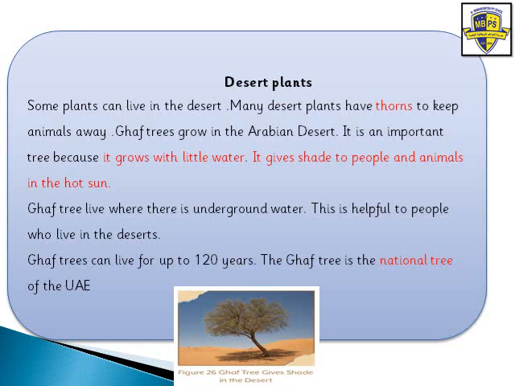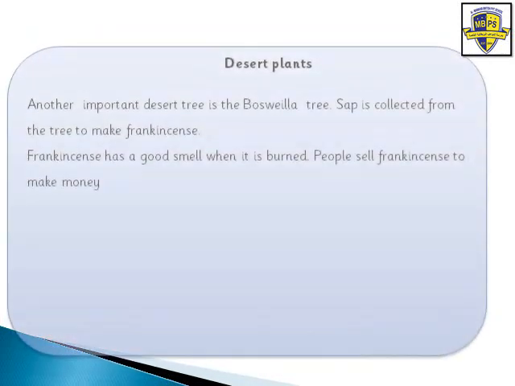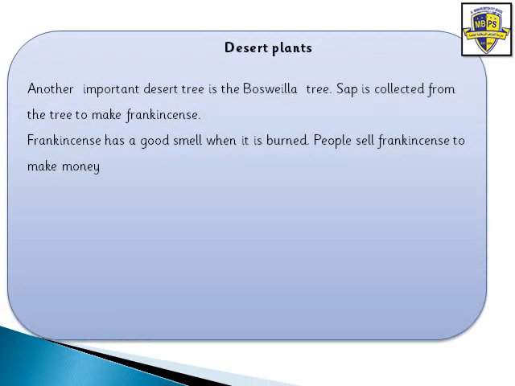And this will help people to live in the desert so they will know where the underground water is. Ghaf trees can live for up to 120 years. The ghaf tree is the national tree of the UAE. Let us check together another important desert tree. It's what?